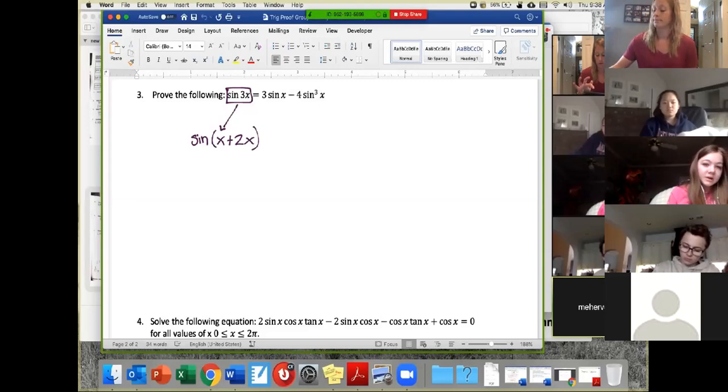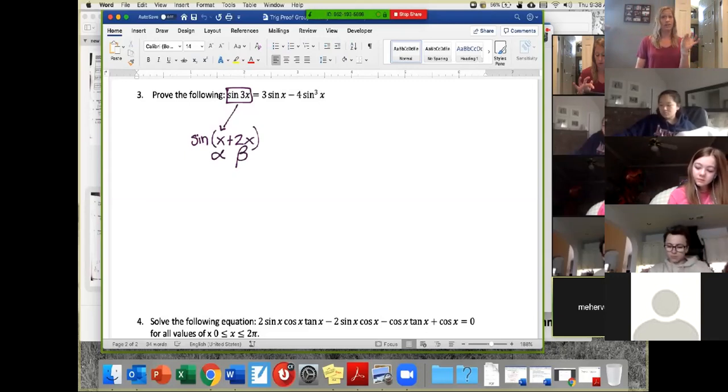Sine of alpha plus beta. Yes, I want to look at this as an alpha plus beta. Some of you looking ahead can see what other formulas we are going to use: double angle. Because your beta is a 2x, later we're going to use your double angle. But first, let's just use our sine alpha plus beta.